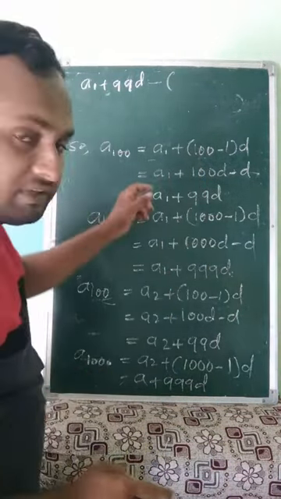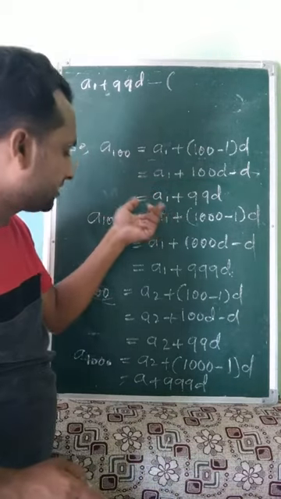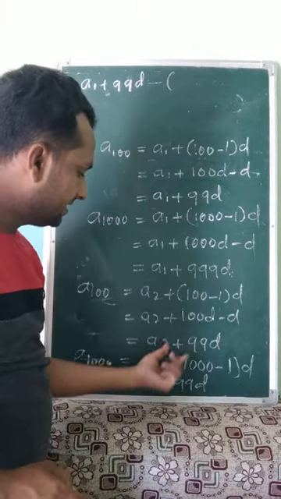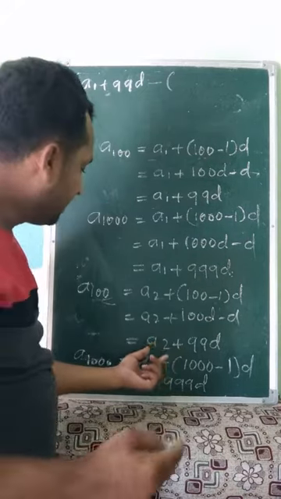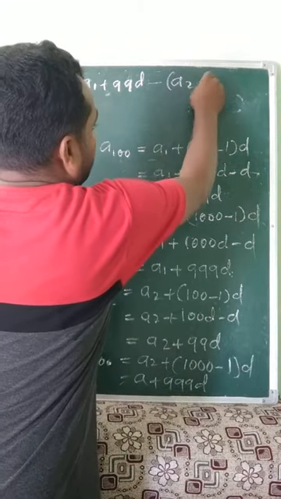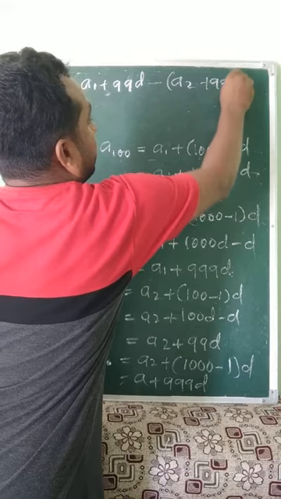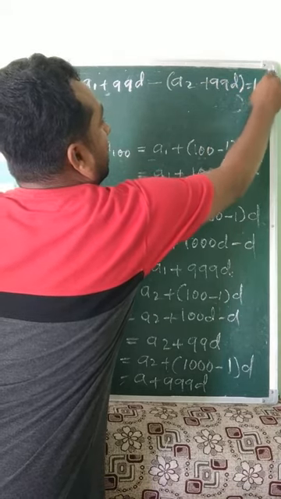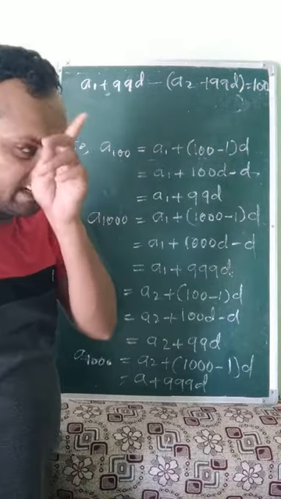The difference between the 100th term of the first AP and the second AP is given as 100. That is, A2 plus 99D, and the difference is equal to 100. Clear?